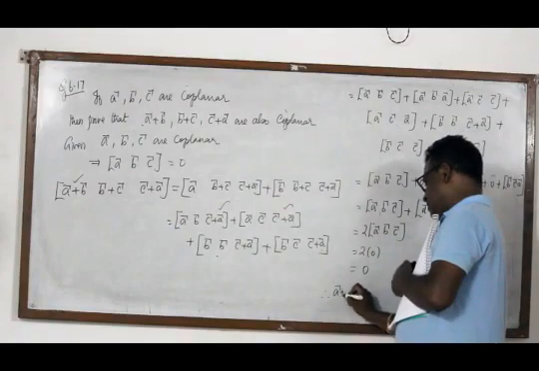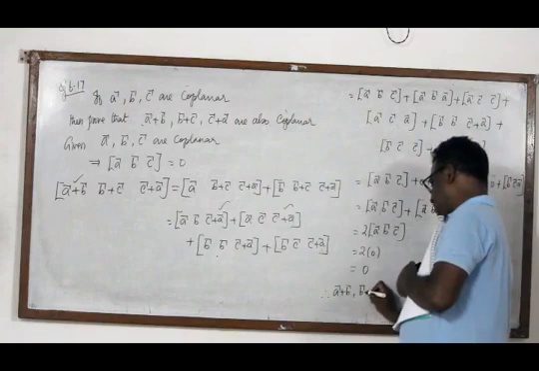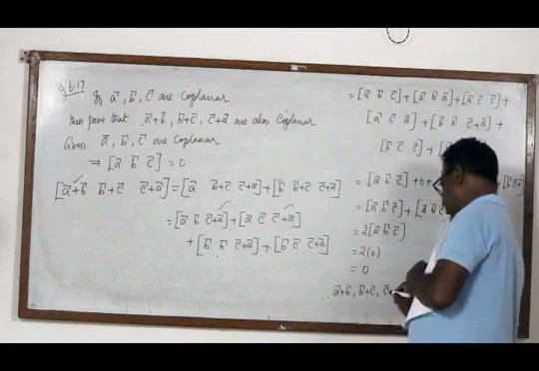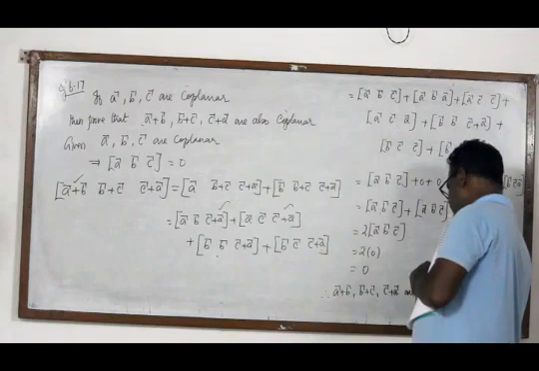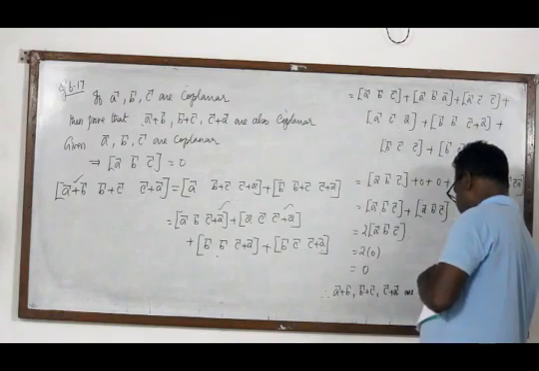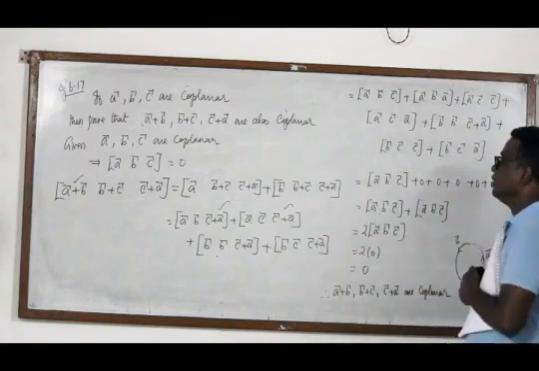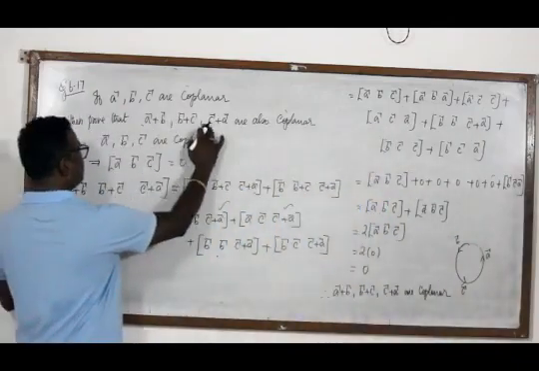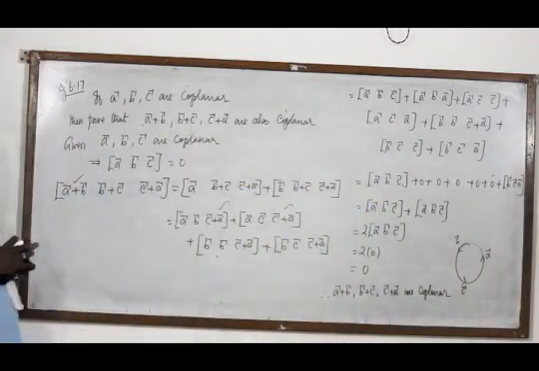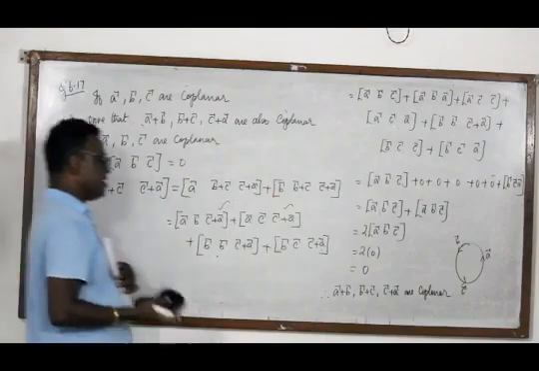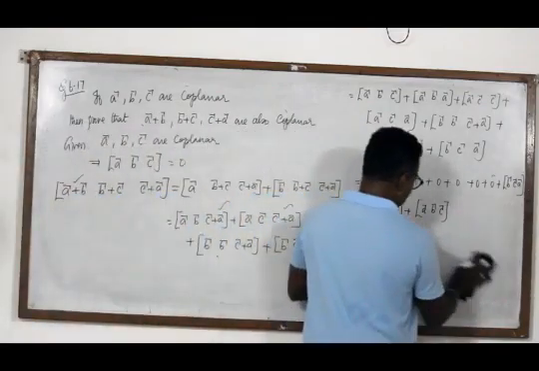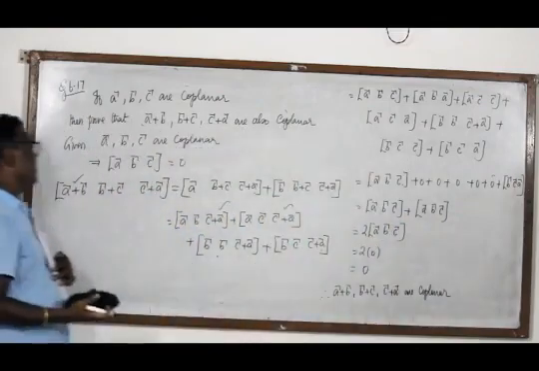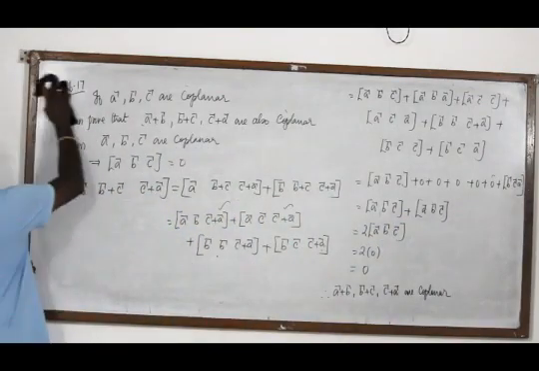Therefore, A plus B, B plus C, C plus A are coplanar. So since A, B, C is coplanar, A plus B, B plus C, C plus A are also coplanar. This is an important problem where box product is used without having IJK, that is, without component vectors.